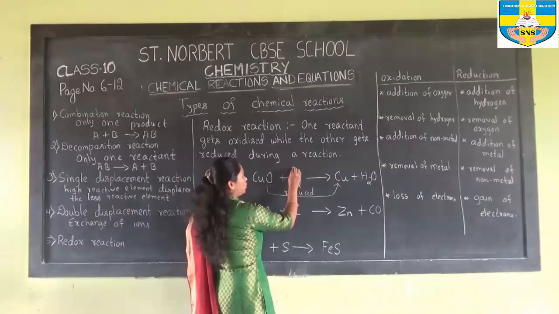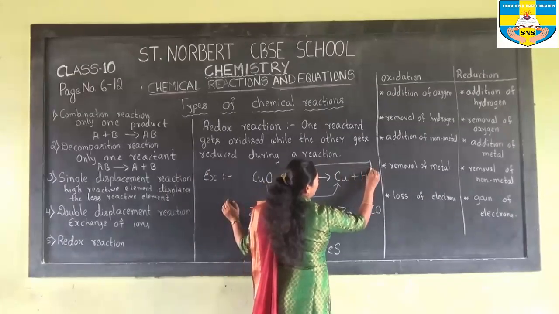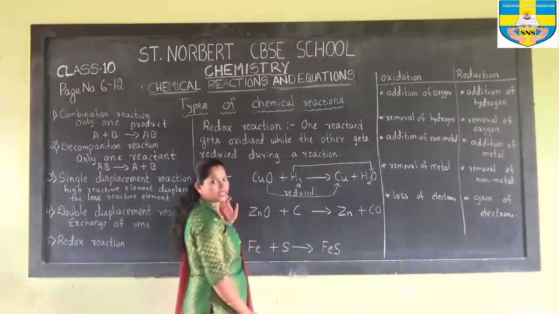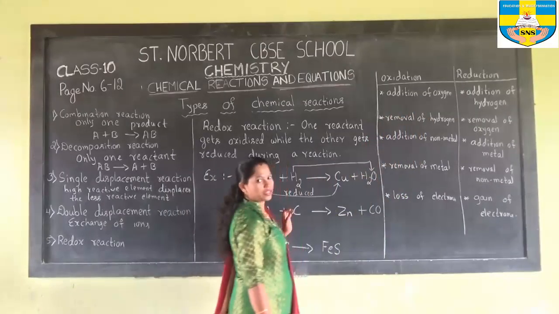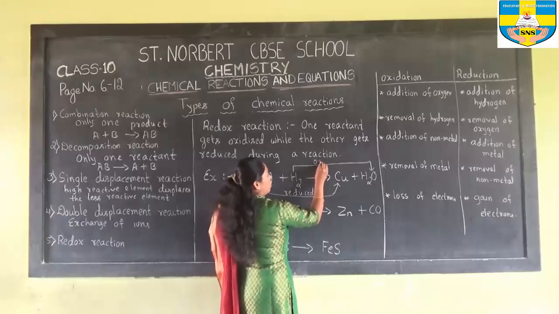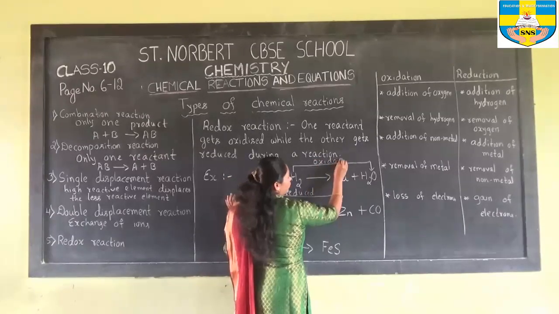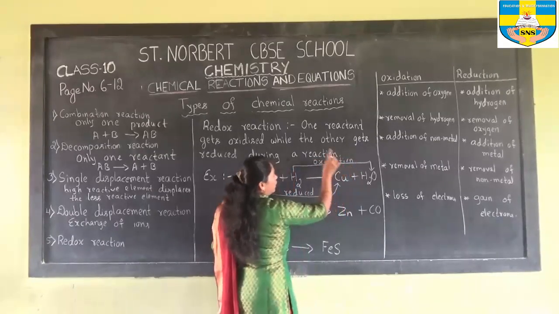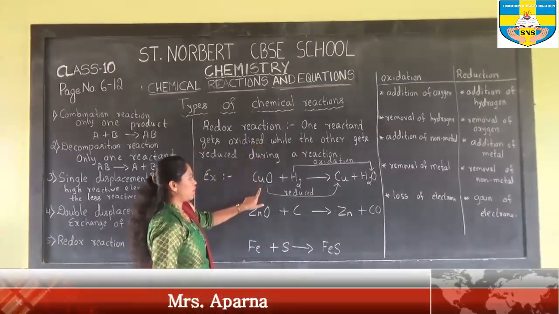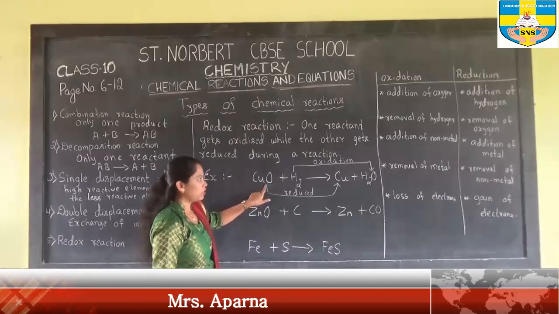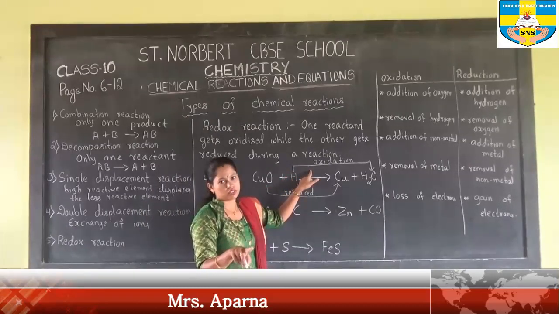Now for the hydrogen, there is addition of oxygen. So addition of oxygen is oxidation. So this is oxidation. Now see the definition. In the same reaction, one substance gets reduced, another substance gets oxidized.